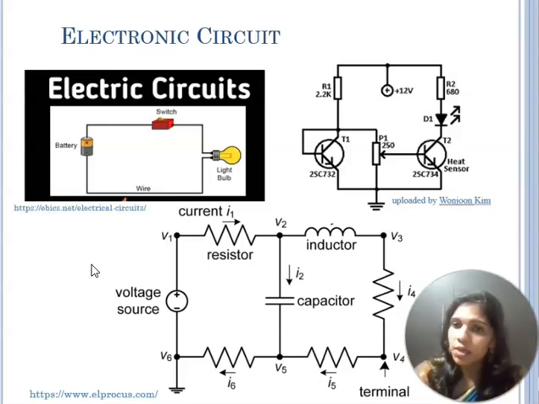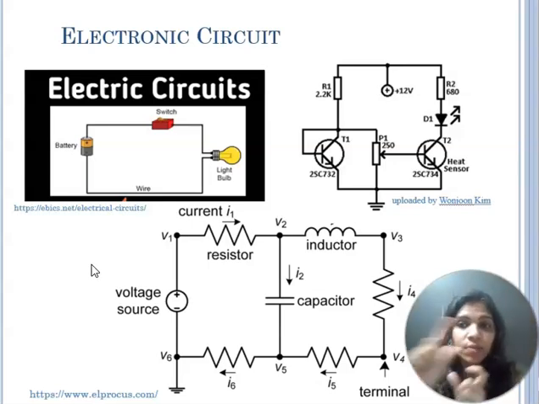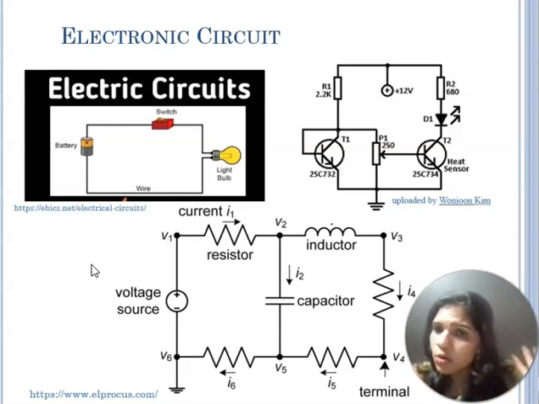From one place your current will start and through that it will conduct. Through what is the current conducting? You all know, it's not required for me to teach you. It's wire. Yes, correct. The current will be supplied by a source, a current source, or we can call it a battery.